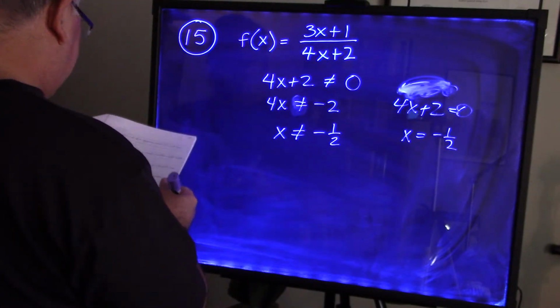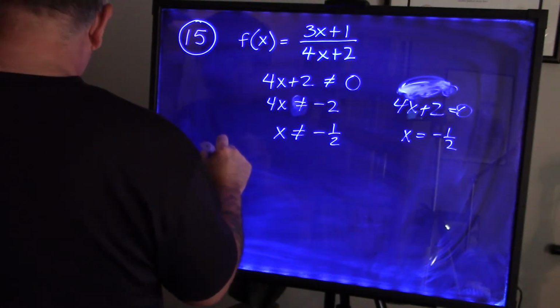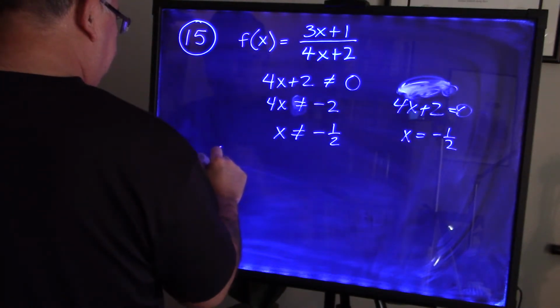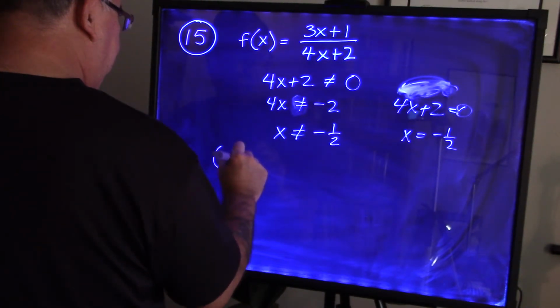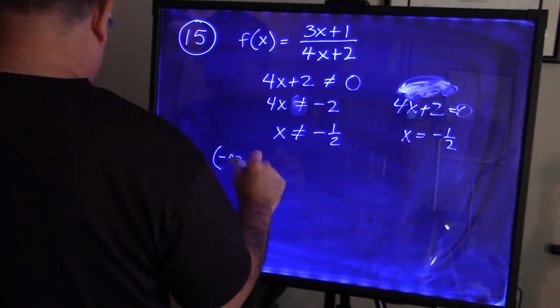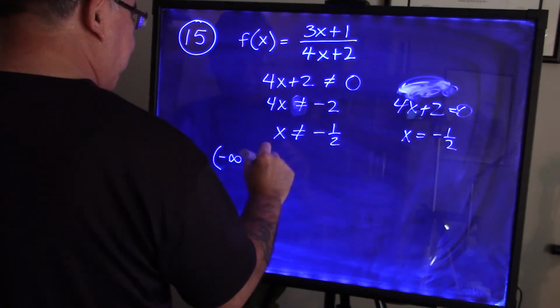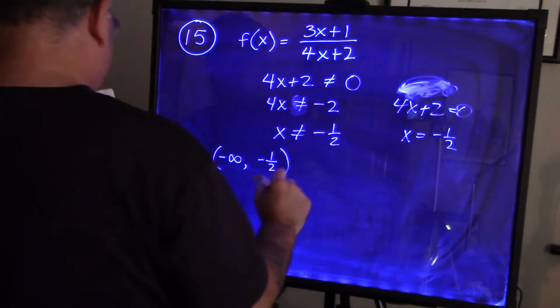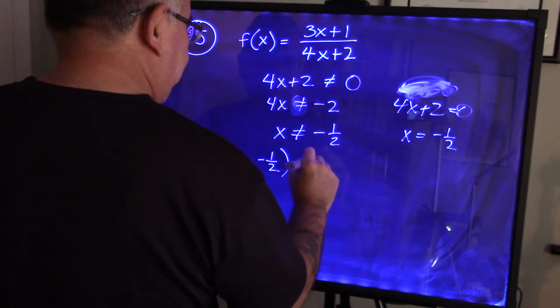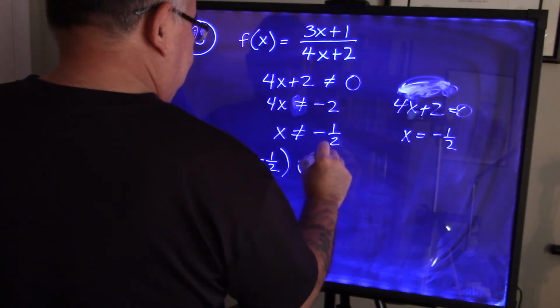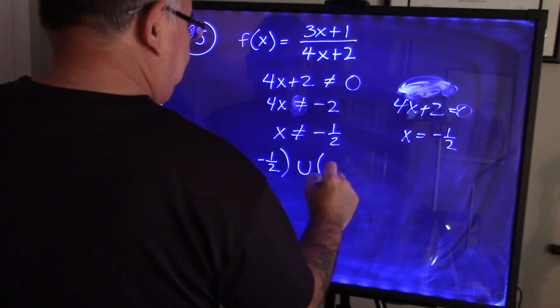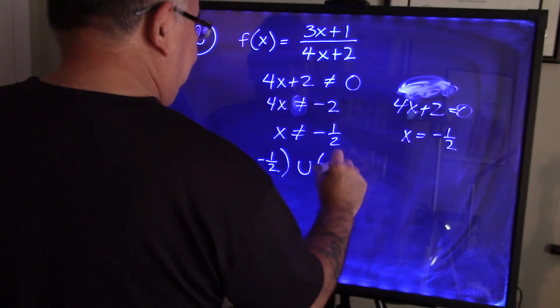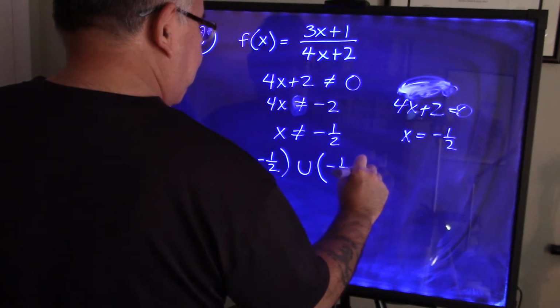So written as an interval, this goes from negative infinity to negative 1/2, but not including negative 1/2. So you put a parenthesis next to it, and the union of that with, again, another parenthesis, you're not including negative 1/2, to infinity.